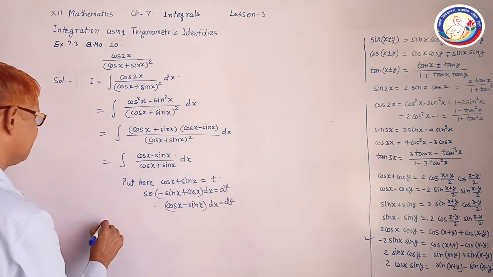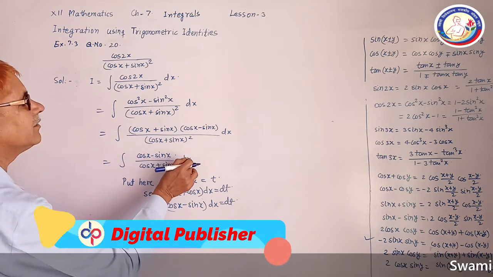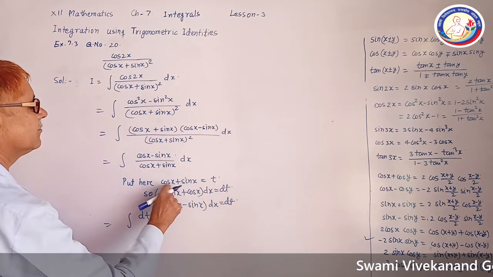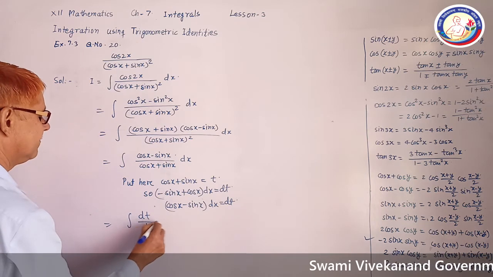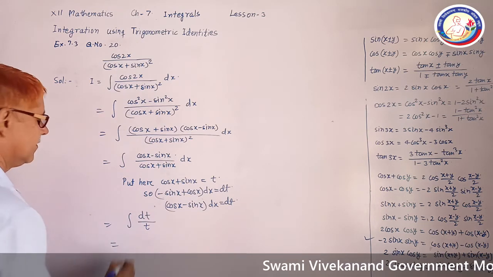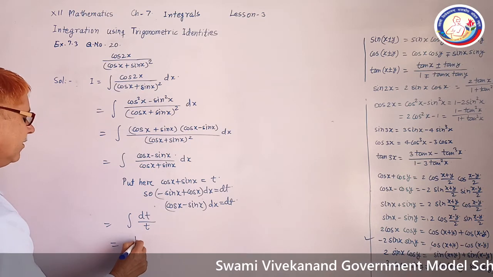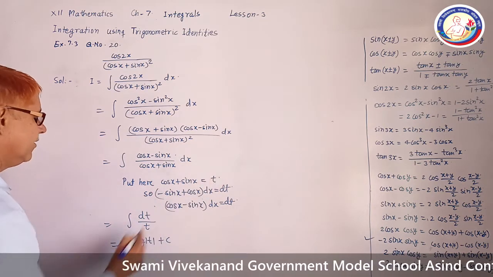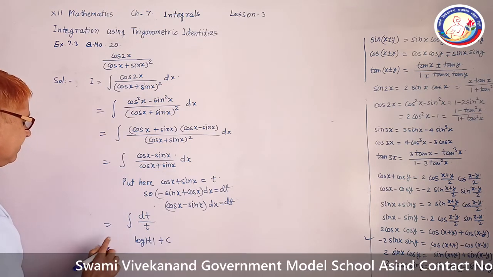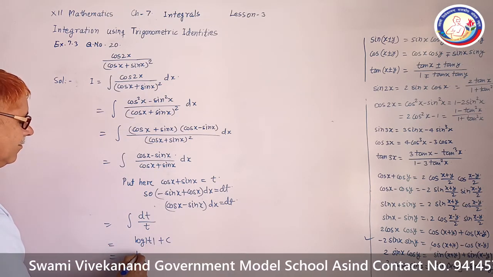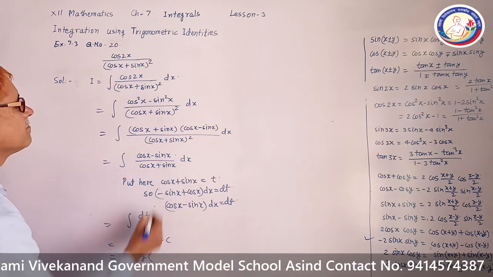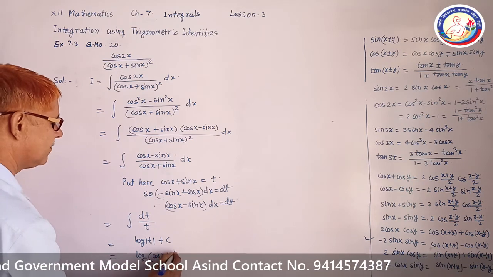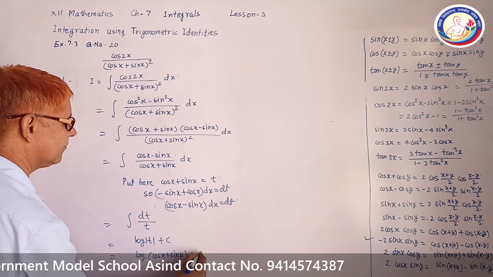So in the numerator, cos x minus sin x into dx, we can replace it by dt. It is 1 upon t, and the integration of this is logarithm of modulus of t plus c. Put the value of t again here, it is log of sin x plus cos x, or cos x plus sin x, plus constant of integration.